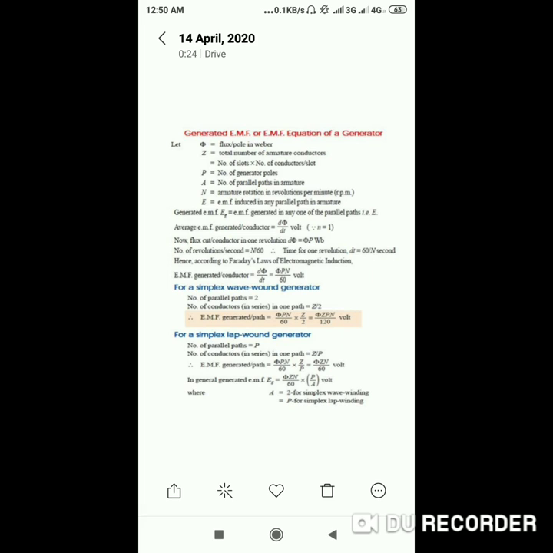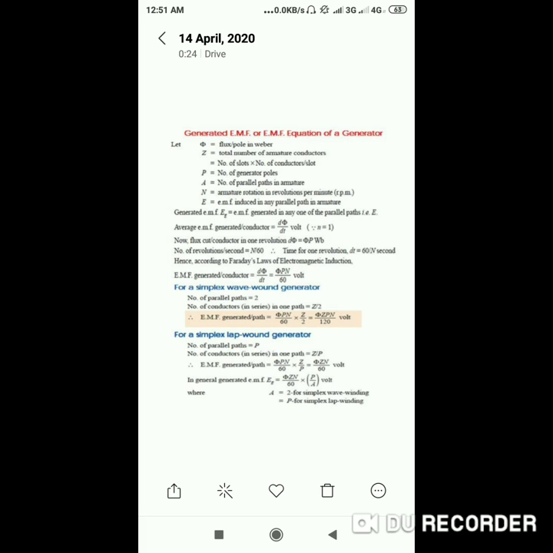Similarly, for lap wound, the number of parallel paths is always equal to P. That means A is always equal to P, and in wave wound, A is always equal to 2.